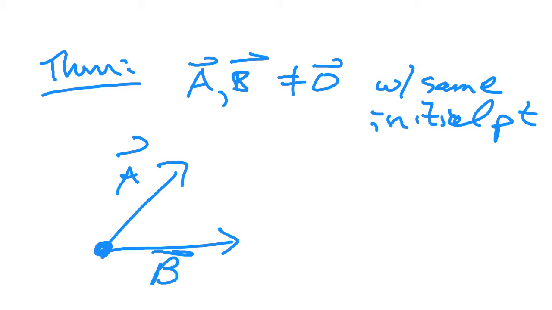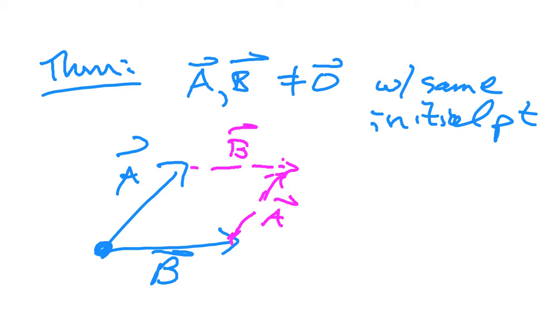Then basically, if we form a parallelogram, so if I come up here and do another version of B vector up here, another representation of A vector here, and kind of connect them, that ends up being a parallelogram.